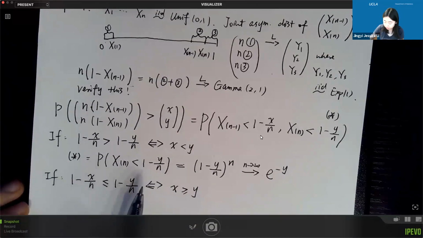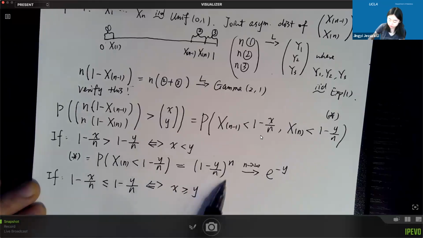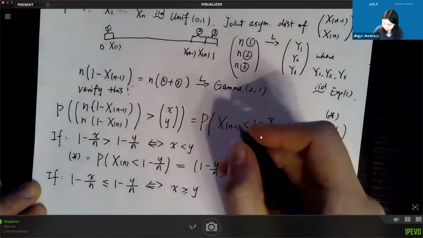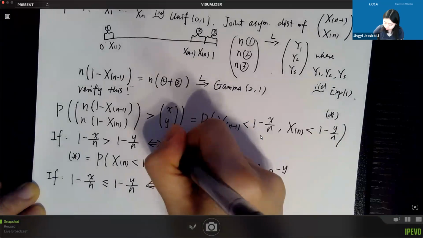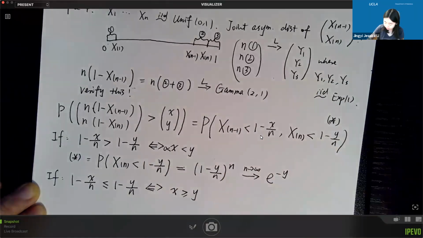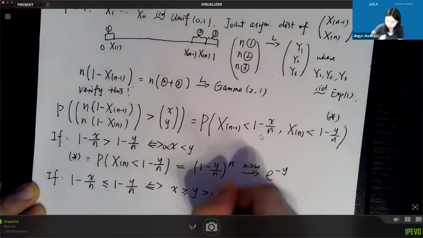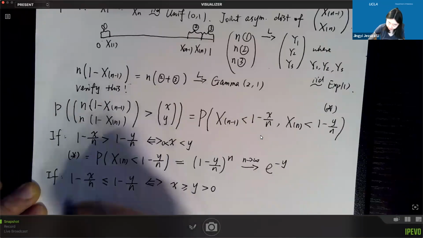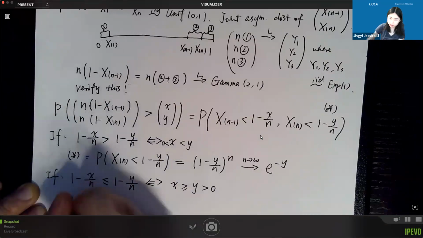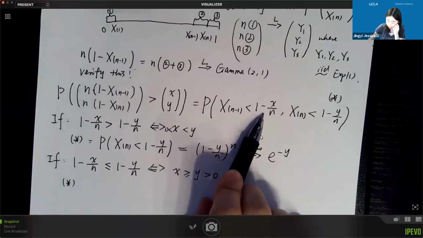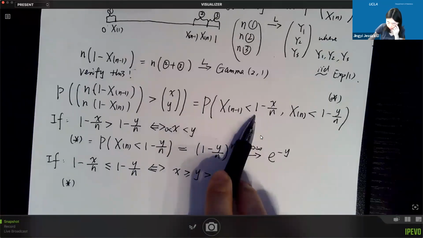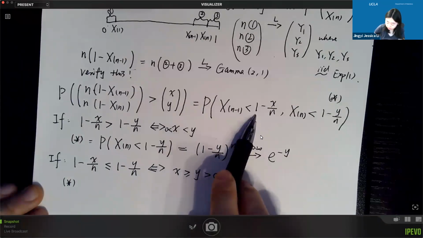If it's not positive, then we will not have a formula here. So I should say 0 less than or equal to x, and y should be positive as well. In that case, the upper bound on the second maximum should still be meaningful.